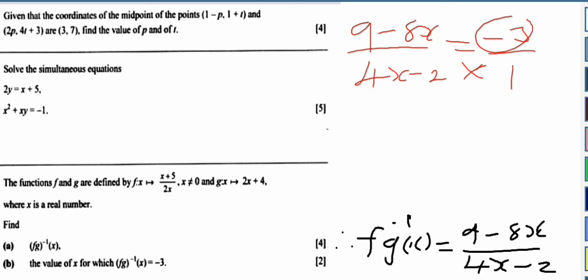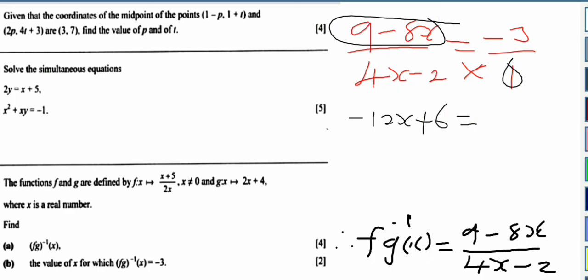So negative 3 multiplied by positive 4x, we are going to get negative 12x. Then negative 3 multiplied by negative 2, we are going to get positive 6, being equal to 1 multiplied by everything here, which is 9 minus 8x.